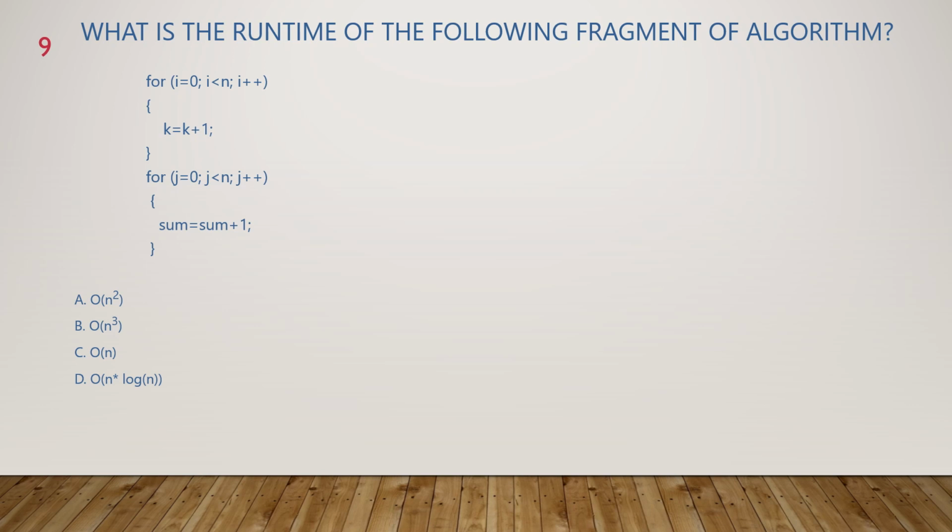When you come to the answer, here there are options. Here there is a for loop, but this for loop is not a nested one, because this is one for loop and this one is another for loop, independent. Individually, you compute the first one, and after that you compute the second one.